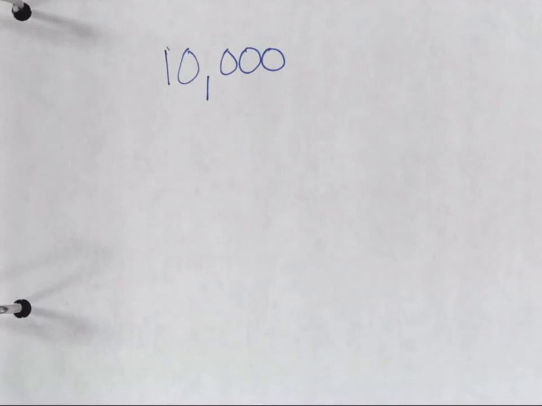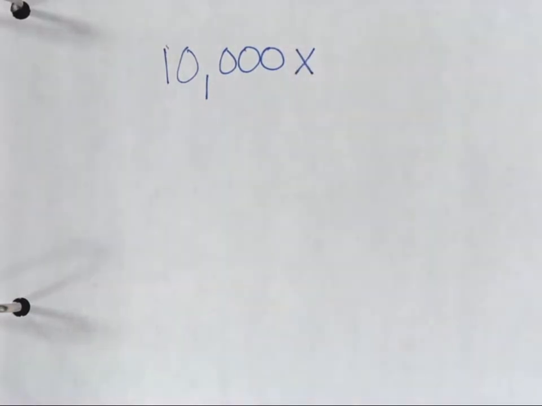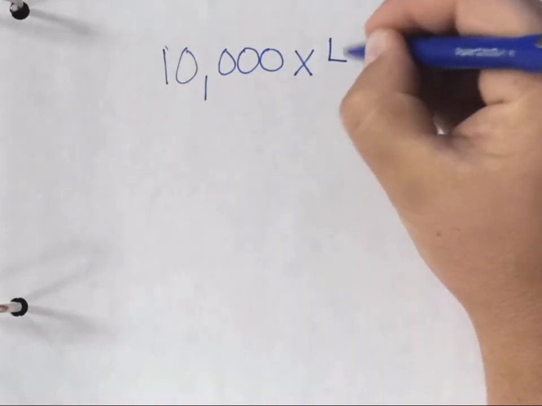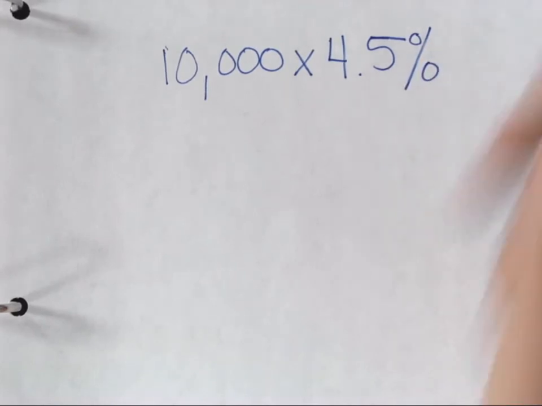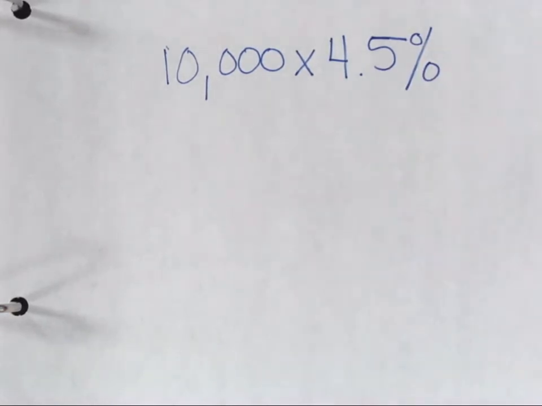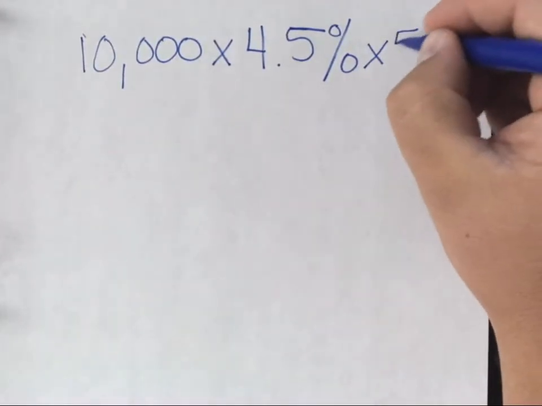So we borrow $10,000 from a bank, and the rate at which we are going to have to pay that back that we have been given is 4.5%. We have promised to pay that back in, let's say, 5 years.